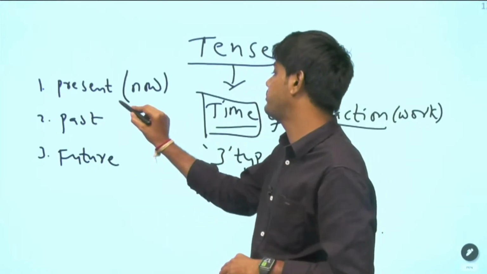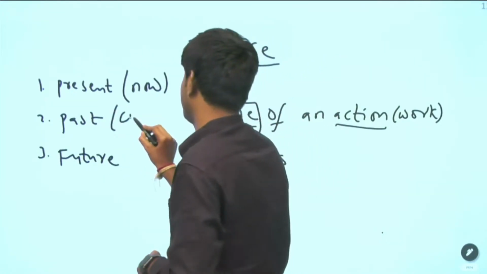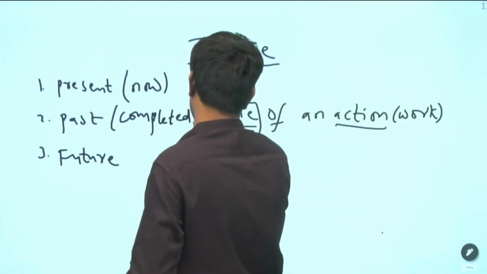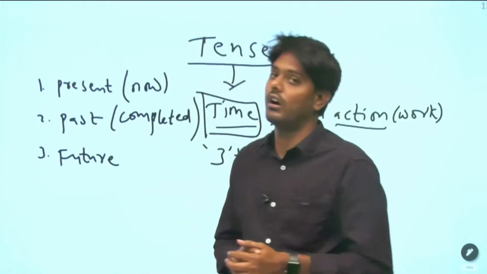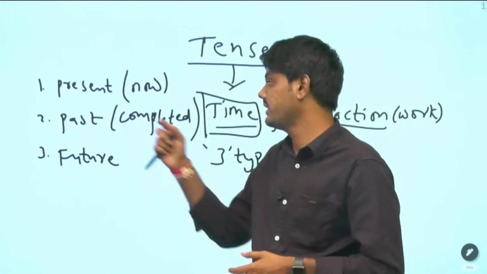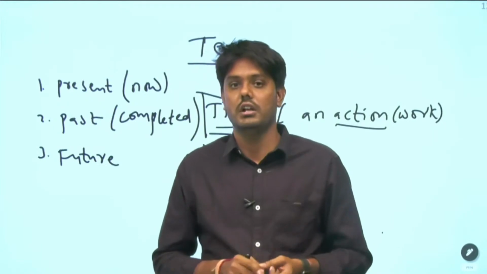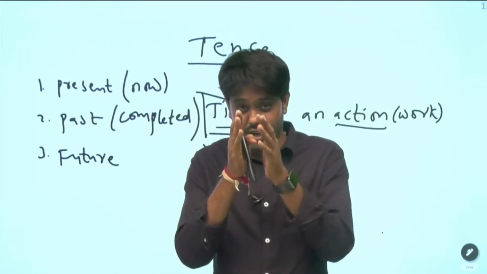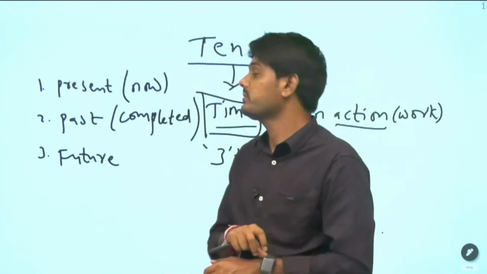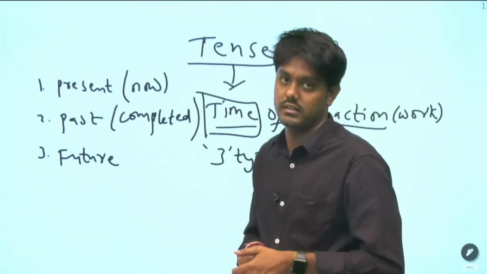And coming to past tense, all completed actions will be explained by past tense. Completed means whatever work you did should be in a completed state. So that is a past tense.